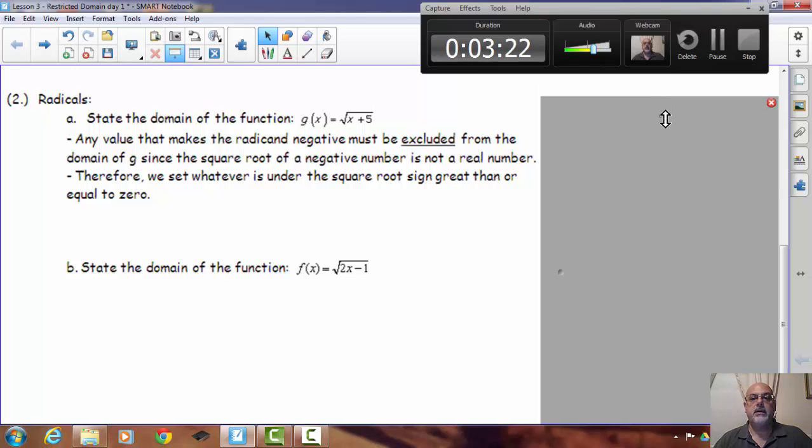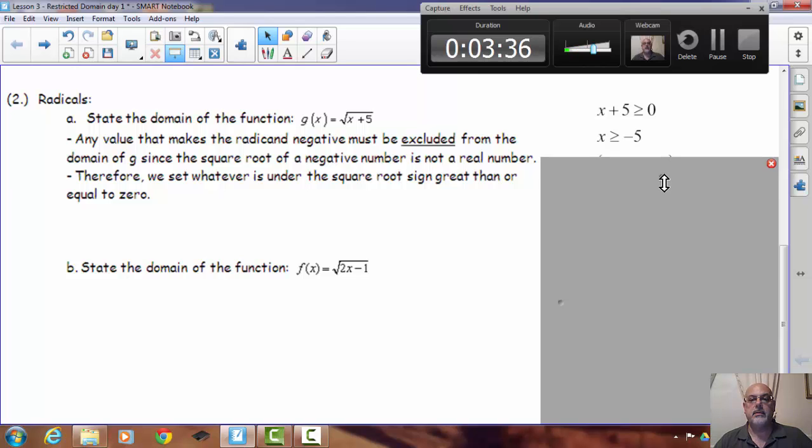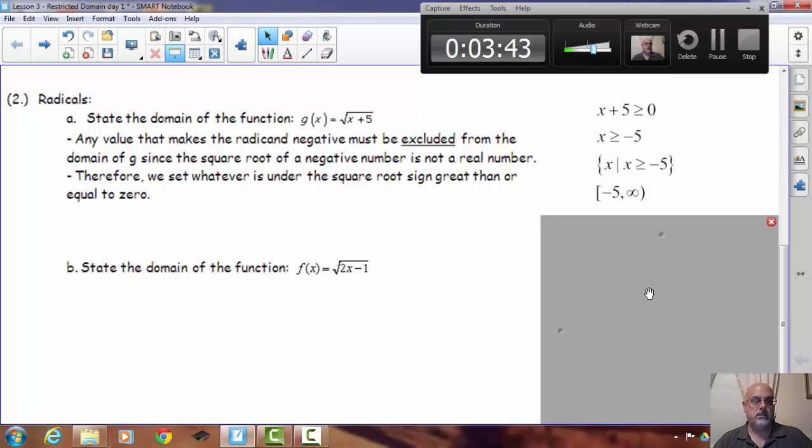So when we have a function that's not a fraction, you take what's under the radical sign and set it greater than or equal to 0. Then you solve it. You find out that x is greater than or equal to negative 5. Again, set builder notation and interval notation. Every value from negative 5 to positive infinity works for this function.